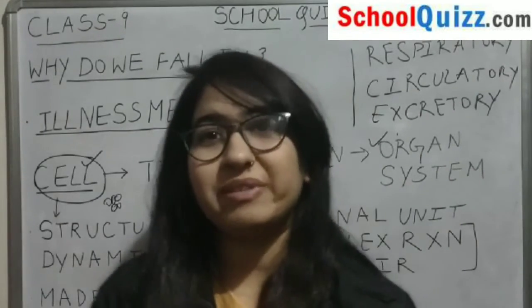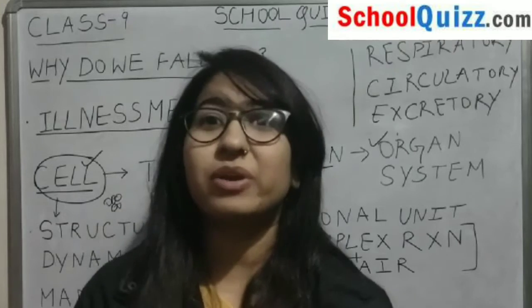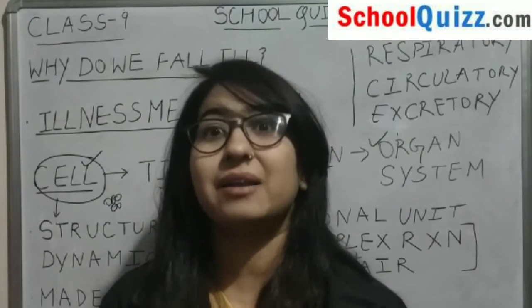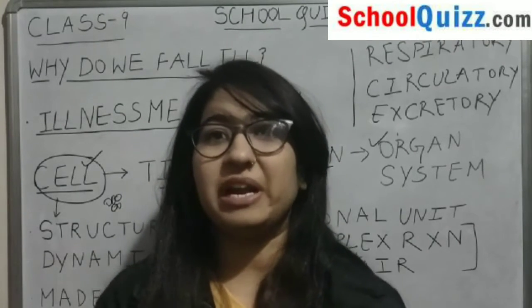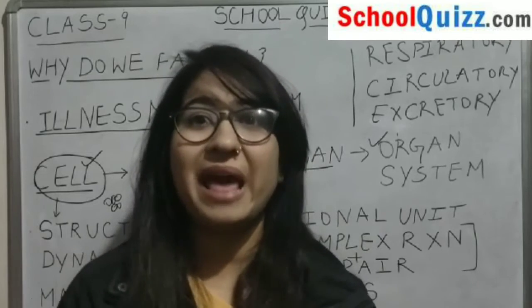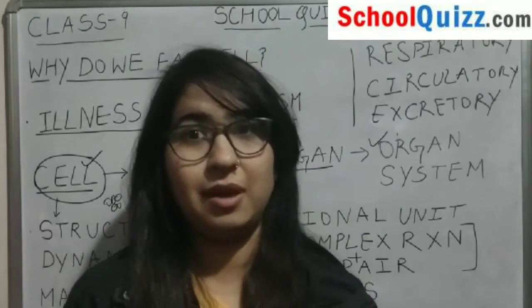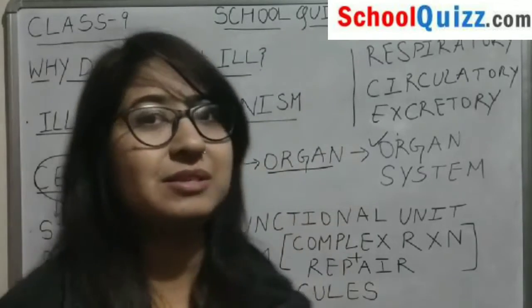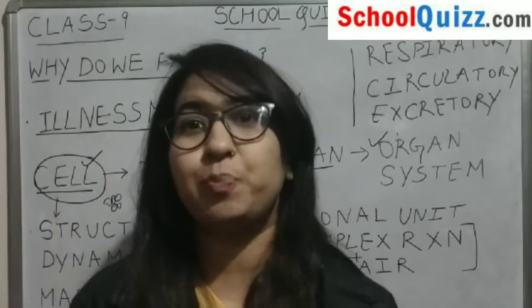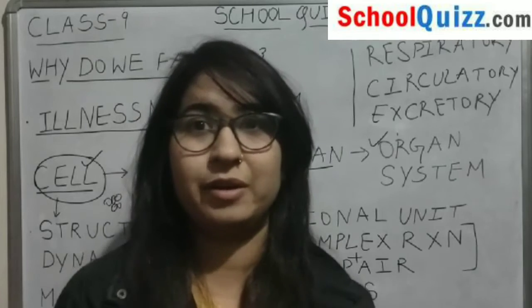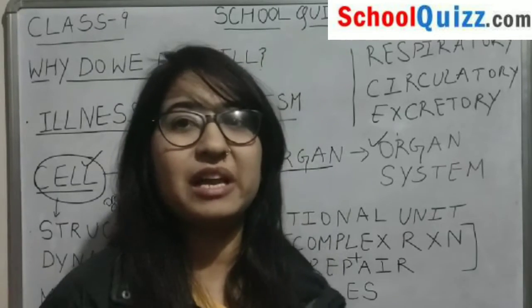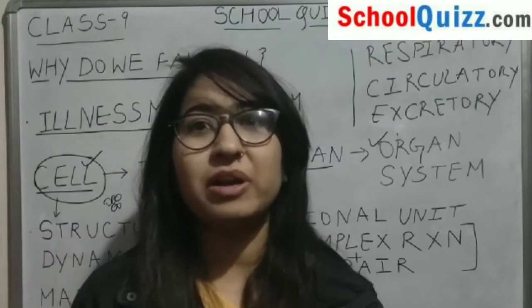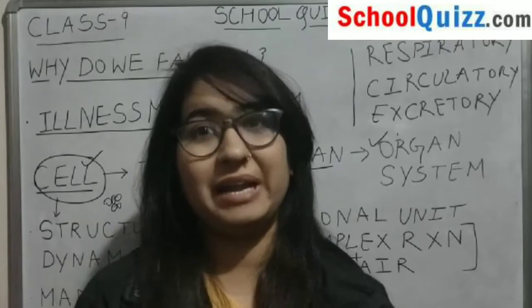When we talk about the respiratory system, the main organ involved is our lungs, and the respiratory process is basically involved in the exchange of gases through our body. Okay, when we talk about the circulatory system, the master organ which plays its role is the heart, and it is basically used for the transport and purification of blood in our body.